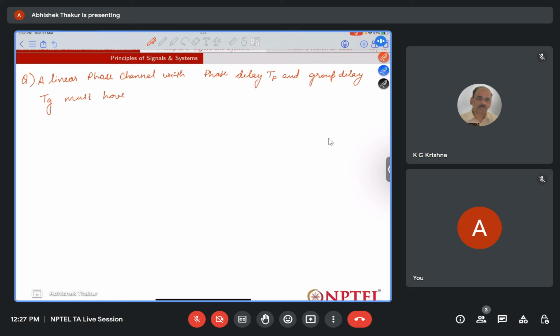the following relation. The options are given: option A is Tp is equal to Tg is equal to constant.